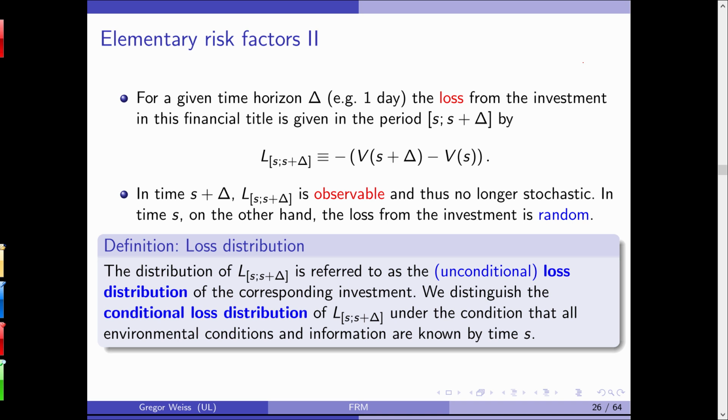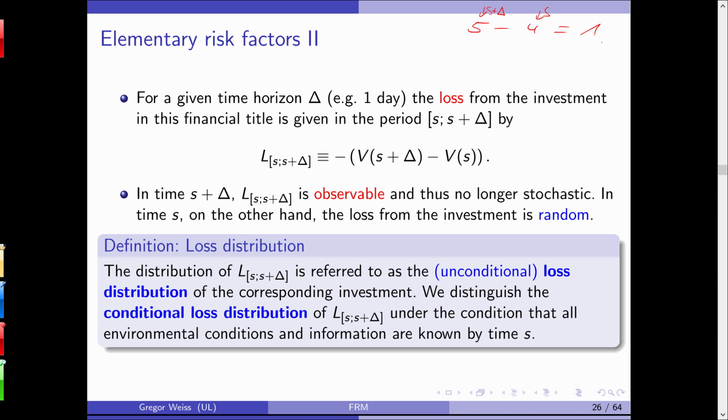Of course the difference in the value is, first of all, a loss or a profit, and we take the negative of this difference. Why? Because, for example, if this is s and this is tomorrow, s plus delta, we would have a profit of 1.